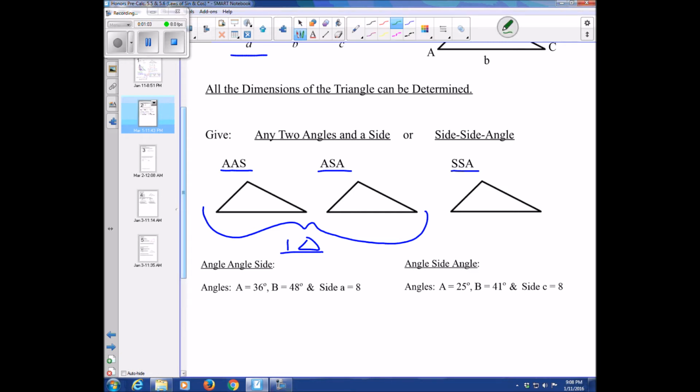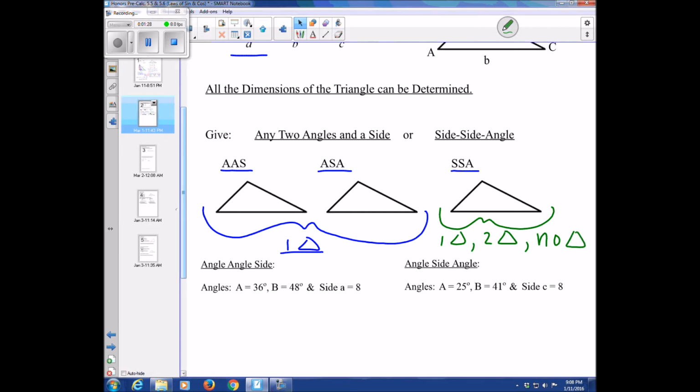Side, side, angle is not a congruence relationship, and this means that we're not always going to get just one triangle. It could be that we have one triangle, it could be that the dimensions give us two different triangles, or it could be that the dimensions give us no triangles. And we're going to investigate that in a little bit.